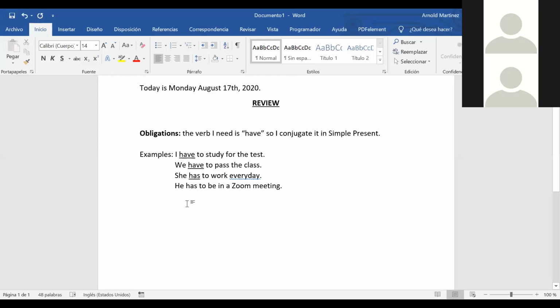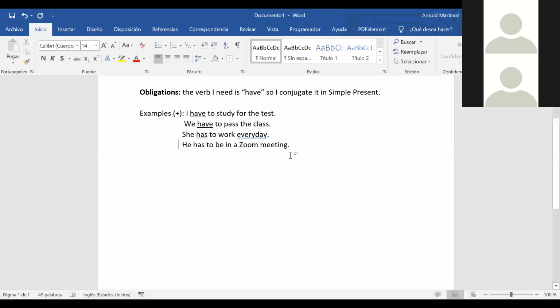Then here I have some examples. I'm going to make the difference here. Look, affirmative or positive sentences. Now on the other side, we're going to have negative. Do you remember about negative?